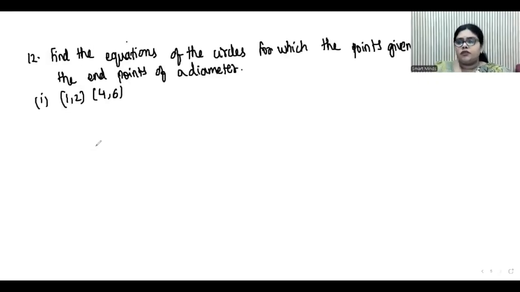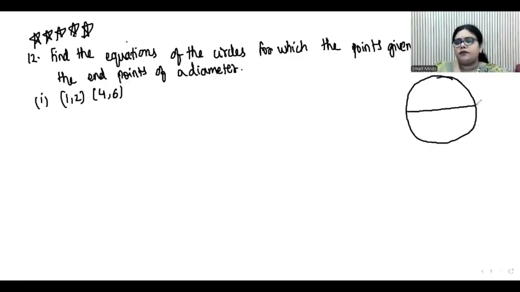Take the next question. This question is very important. It will be mostly asked as a VSAQ. So find the equations of circles for which the points given below are the end points of diameter. So you just see this is a circle. This is a diameter. These are the end points of diameter. Let's say x1, y1 and x2, y2.